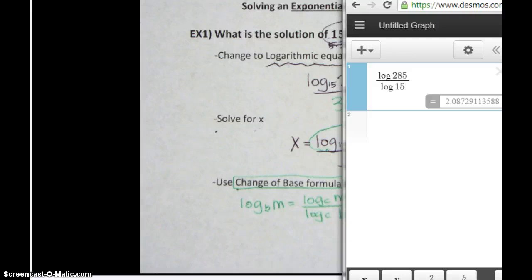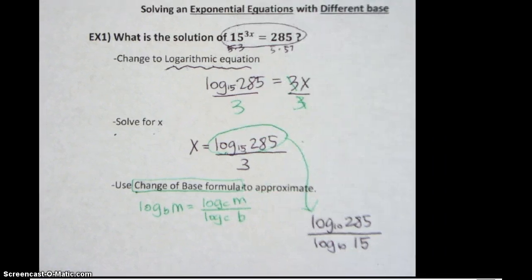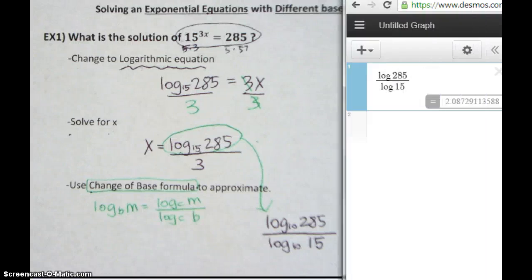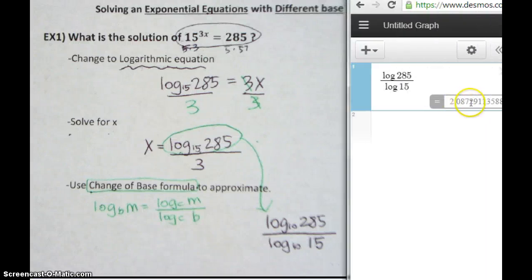And it tells us that that value is about 2.087 something, and the x value that we are trying to find is that value divided by 3. So I'm just gonna divide the whole thing.